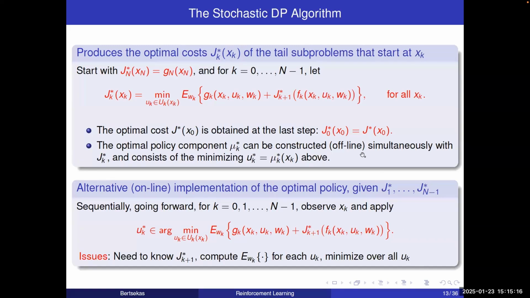Given the J stars, this involves an amount of computation that may or may not be overwhelming. If it's overwhelming, you have to simplify it somehow. Reinforcement learning deals with all these things, simplifications to avoid the onerous computation involved here and here.